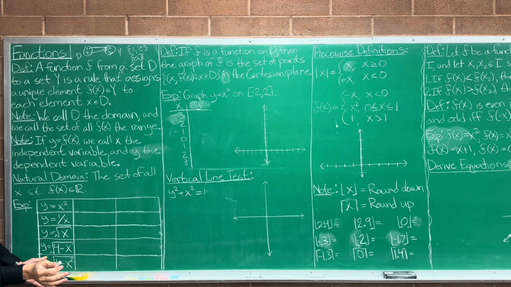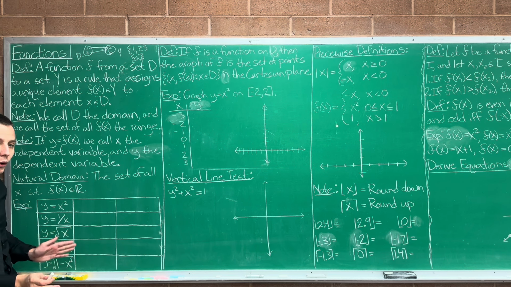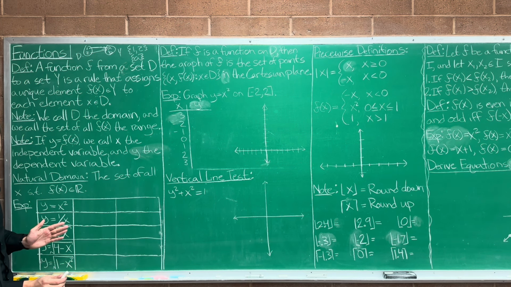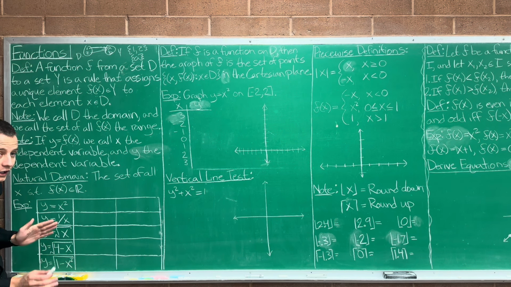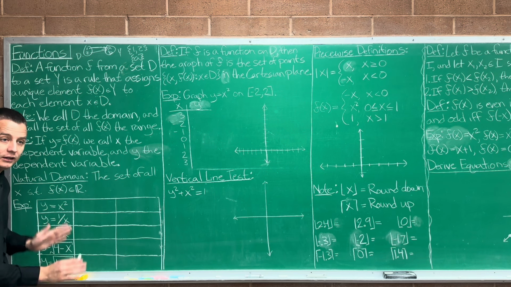We use these types of functions to model all sorts of things. One of the examples the author gives in your book is thinking about the boiling point of water as a function of your altitude. The higher up you are, the lower the boiling point of water is. In that case, your altitude would be your independent variable, and the boiling point of water would be your dependent variable.